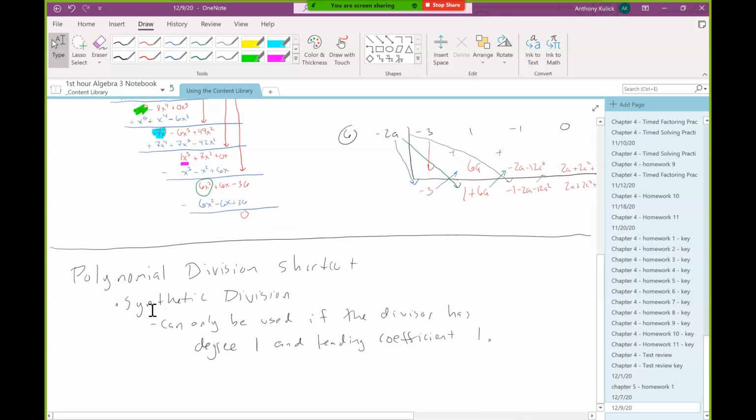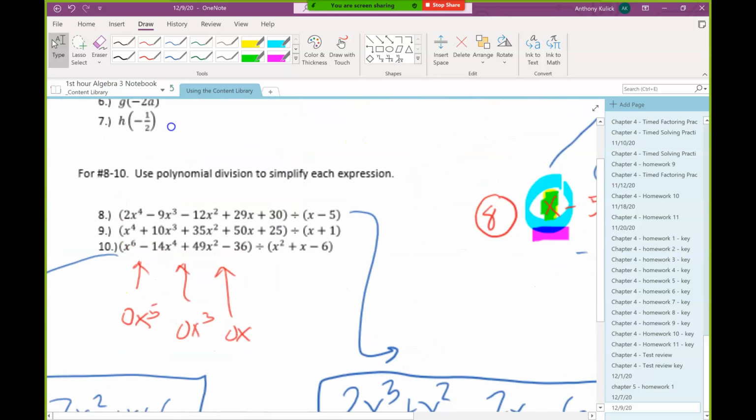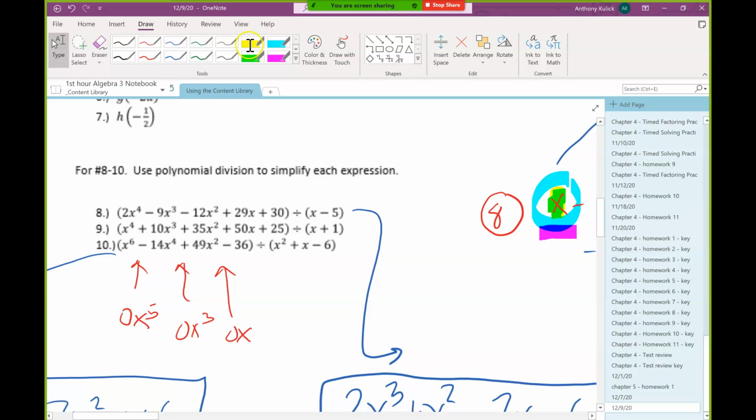Let's go back and look here real quick. If I look at number 8, the divisor is x minus 5. The degree of this problem is 1 because that's just x to the first. And its leading coefficient is 1 because it's 1x. So I could use synthetic division on this problem.